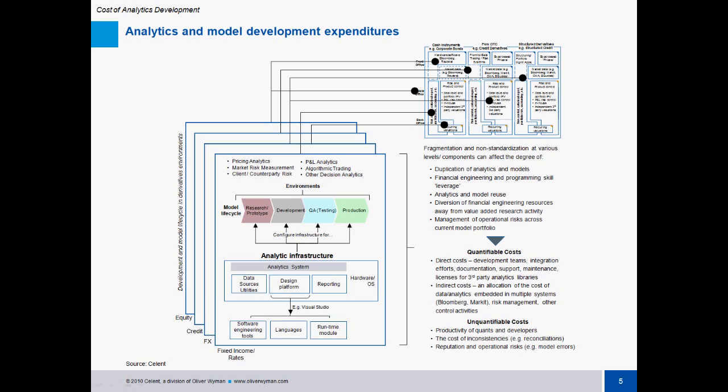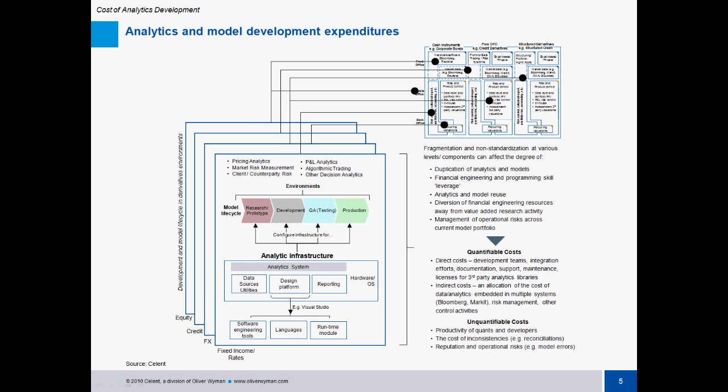The costs here include direct items such as development personnel, activities related to integration of third-party systems, documentation, maintenance and support, as well as licenses for third-party components.